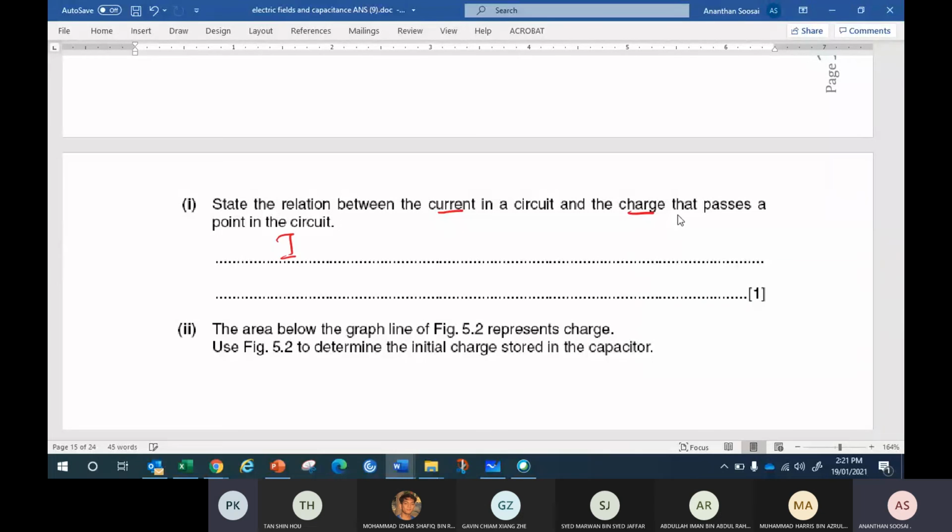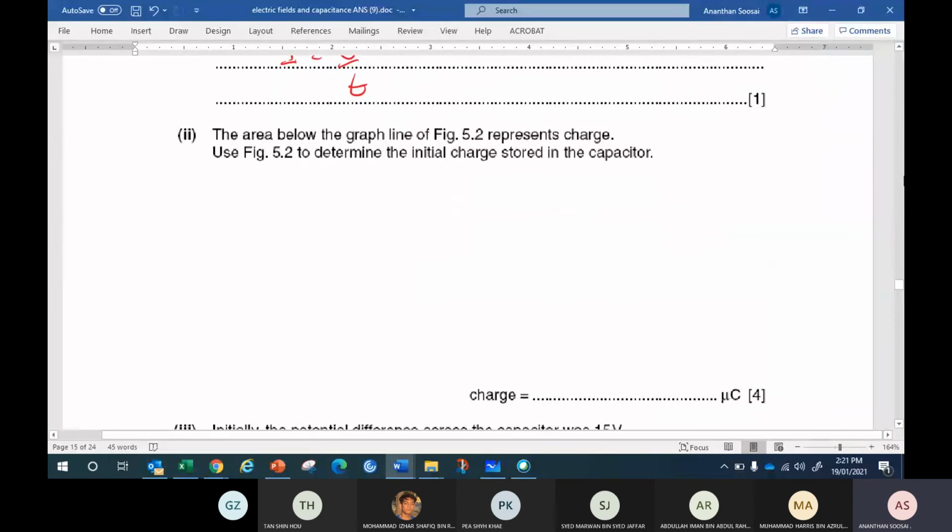Current is directly proportional to the charge, or you can say current is the rate of flow of charge.